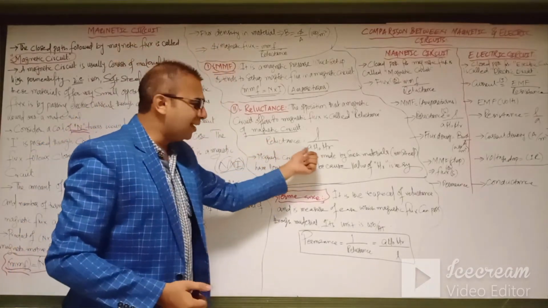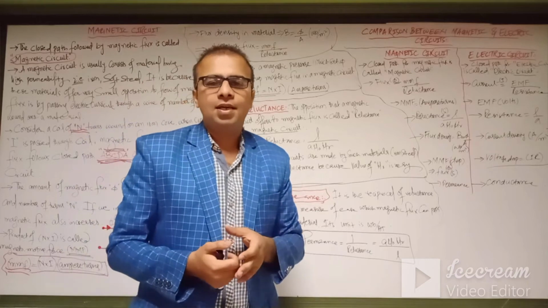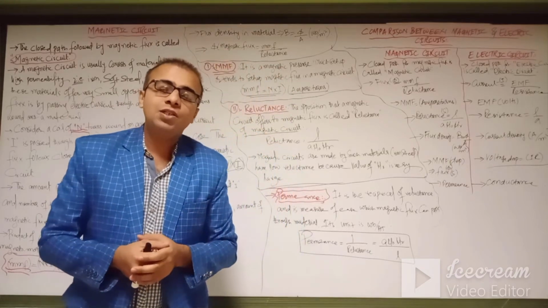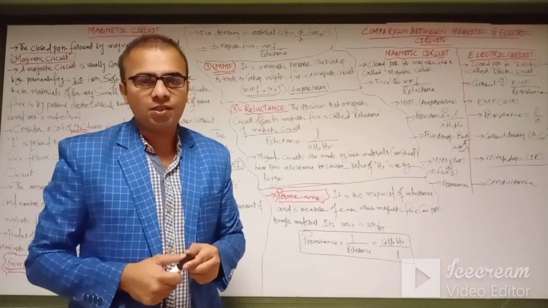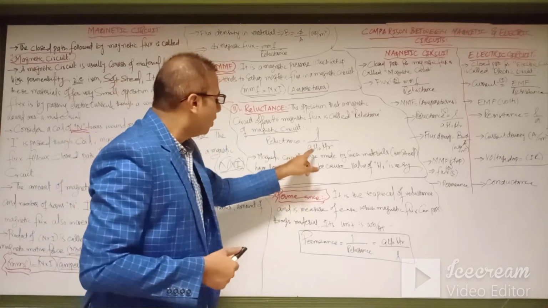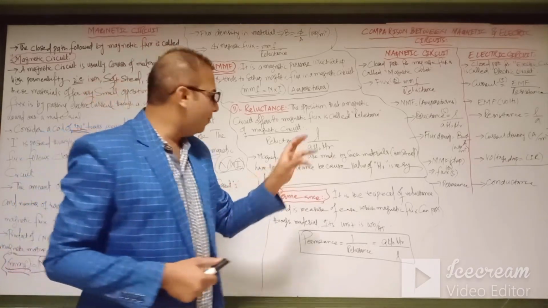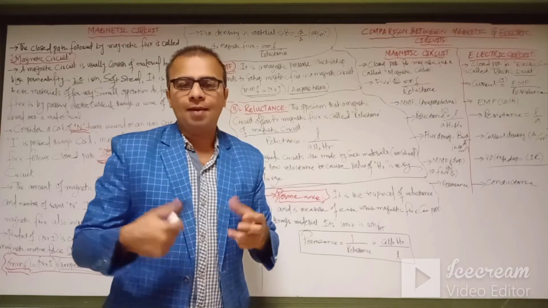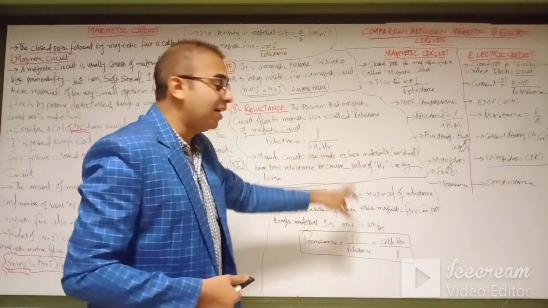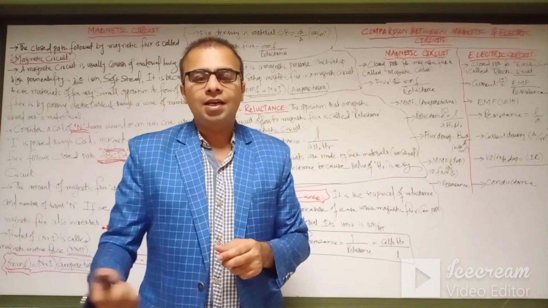According to the law of resistance, reluctance has a direct relationship with the length and is inversely proportional to the cross-sectional area. Here mu naught and mu r are the parameters included: the permeability of free space and the relative permeability of the magnetic material, which totally depends upon the magnetic material.